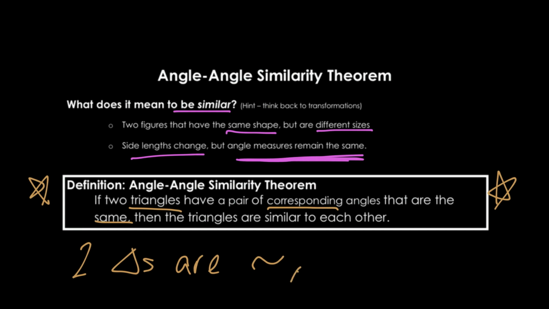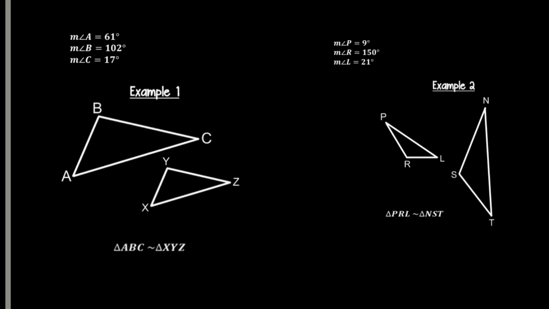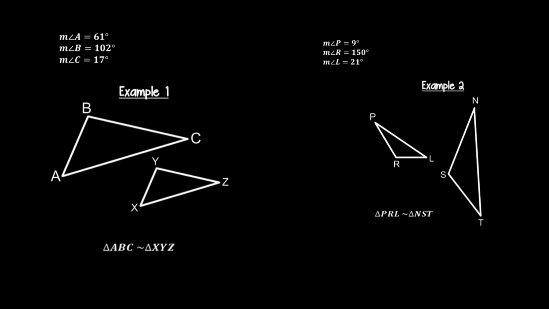We need to first show that two sets of angles are congruent. Once we show that, then we are good to go and say that the two triangles are similar by the Angle-Angle Similarity Theorem. So let's practice this.